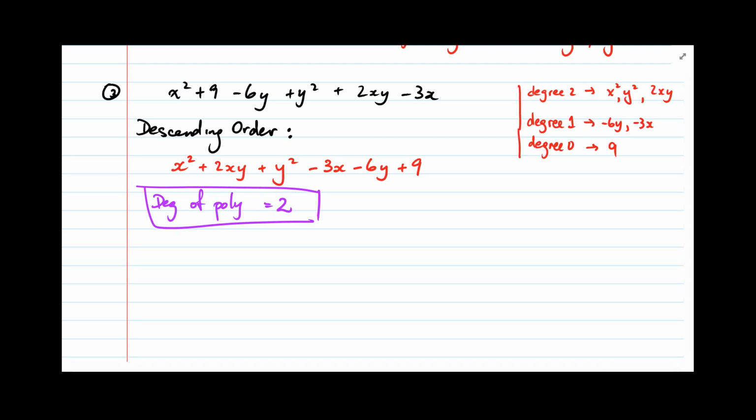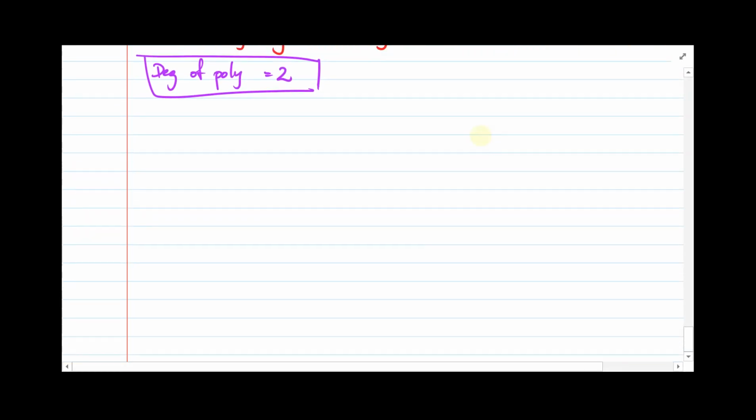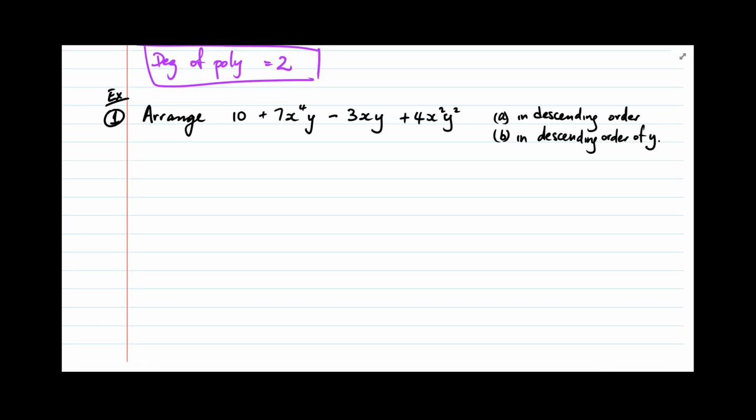All right, I'll give you 2 exercises, and then we will complete this topic and move on. In doing this exercise, because we're looking at polynomials in more than one variable, or in 2 variables at this point, it will become important for you to read carefully what you are trying to write.